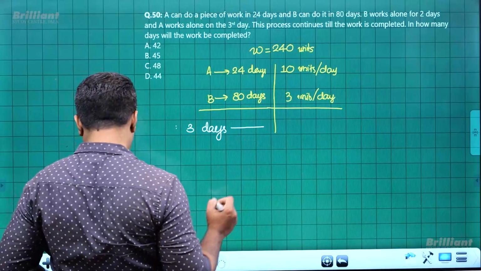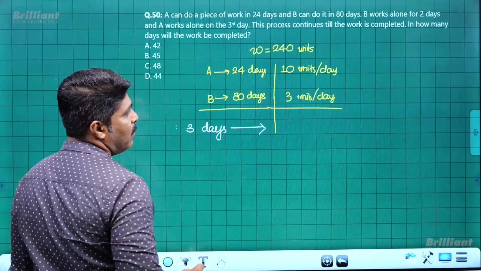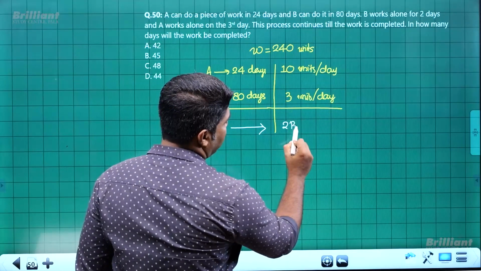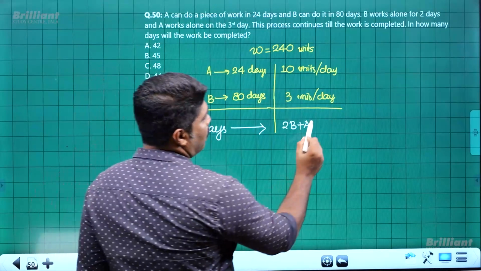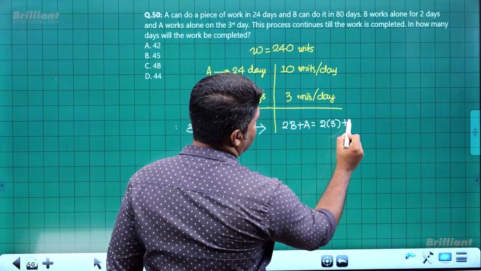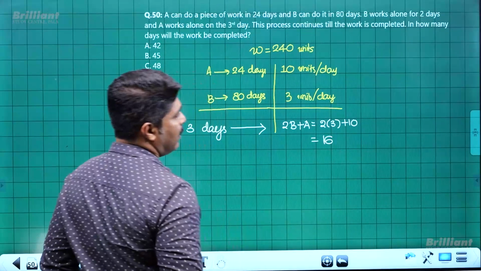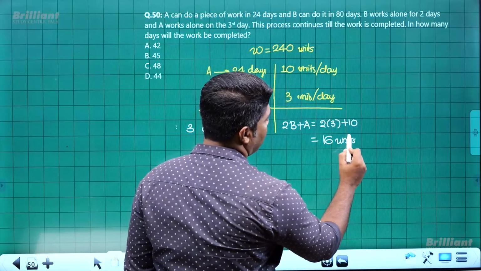So in 3 days, how much work is completed here? 2 times B is working, then A is working. That is nothing but 2 times 3 plus 10. So this is equal to 16. So in 3 days, 16 units of work will be completed.